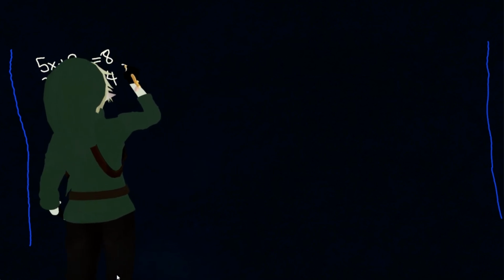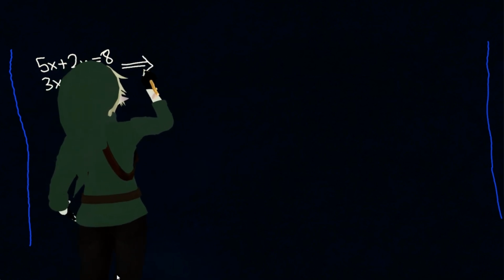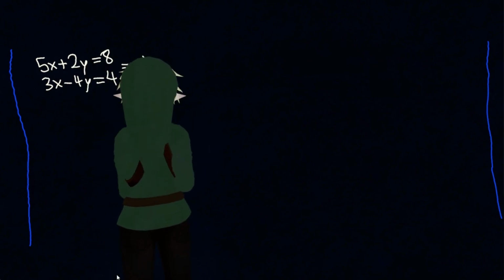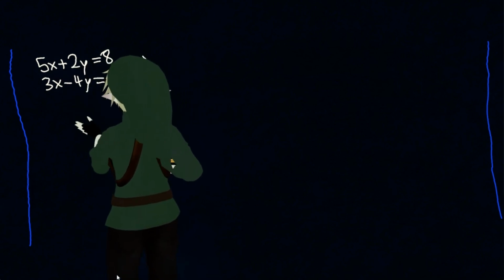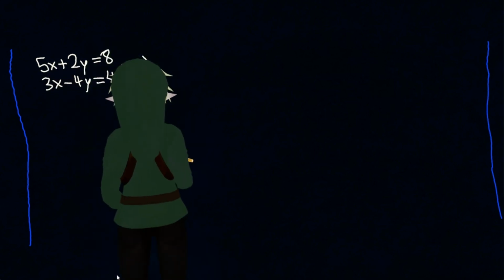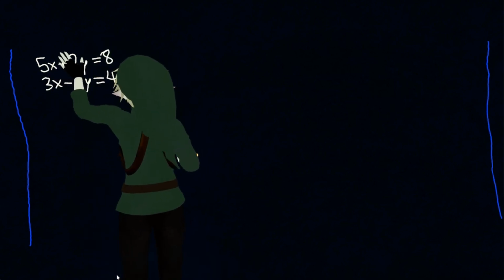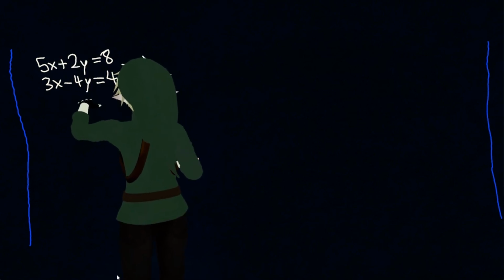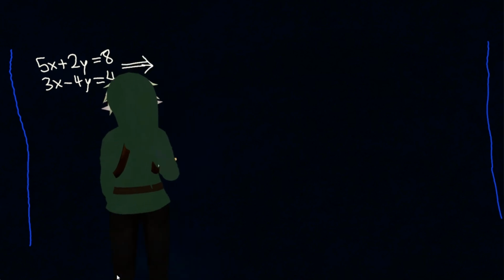So in this case, I'm going to use legal action number 1, multiply an equation by a non-zero number. I'm going to multiply by 2 here so that I get plus 4y and minus 4y. When I add it together, that y is going to be gone.